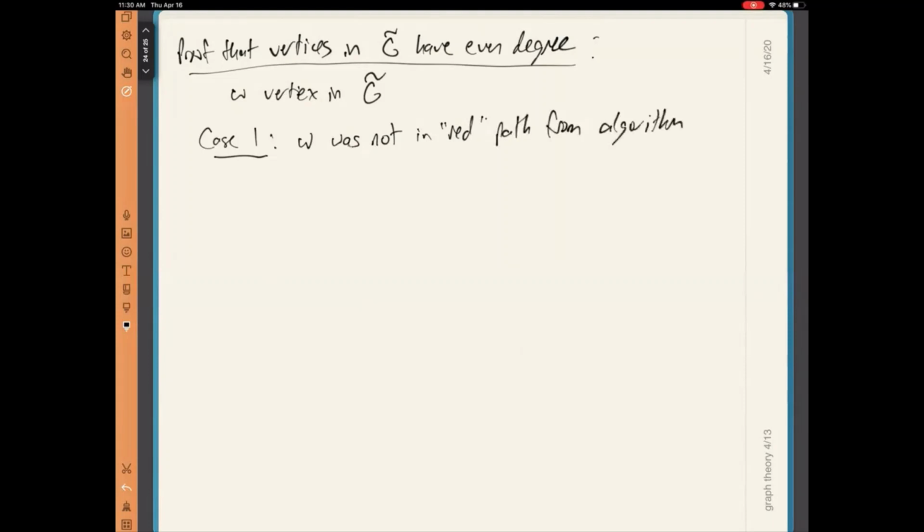Well, in this case, W has even degree just by the original hypothesis on G, right, because we're assuming that every vertex of G has even degree. The only issue is that maybe when I formed G tilde, I deleted some edges connected to W that possibly could lower the degree count and make it odd, right? That's the issue. But if W was not in the original path, then none of the edges I removed were incident with W, right? So none of the removed edges were incident with W.